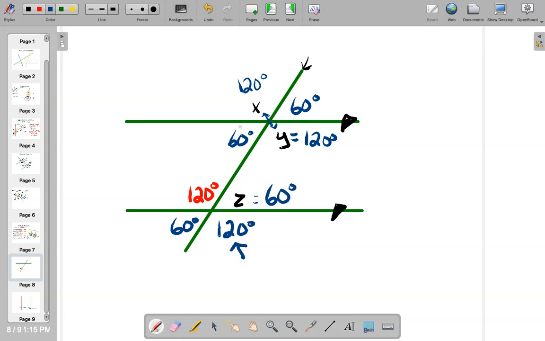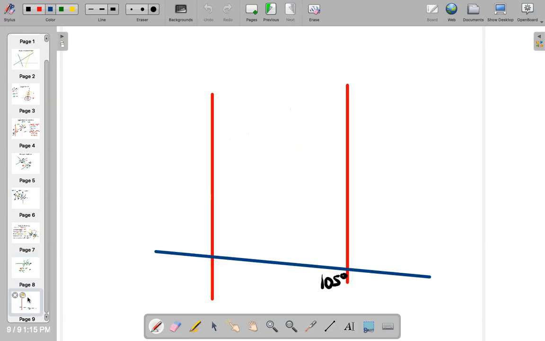As you see here, what you're going to solve on these problems a lot is you're going to be given two parallel lines, a transversal that cuts them, and then you're going to be given one angle, and you'll use that to solve the other 7 angles so that you can get a ton of information using what we've learned here.